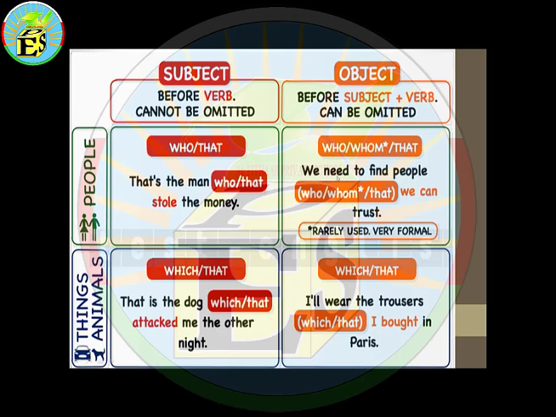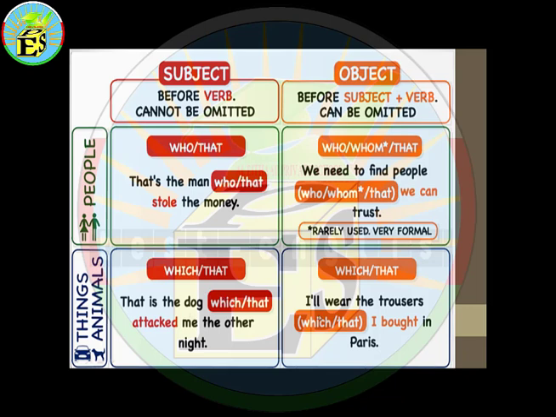Same here. We need to find people who we can trust. Moving here to things and animals. This is the dog which attacked me the other night. We use which, the relative pronoun which, with things and animals. So a dog is an animal, we use which with it.